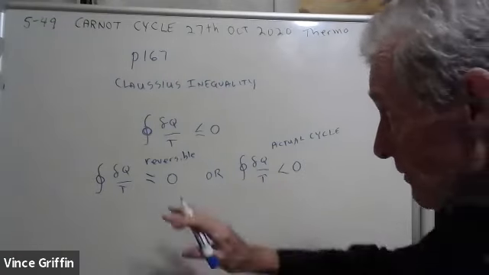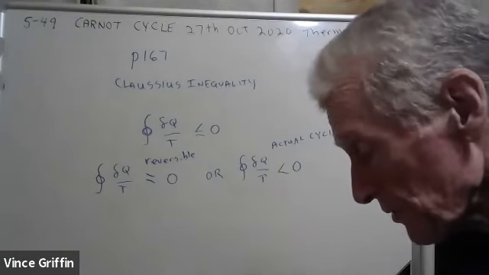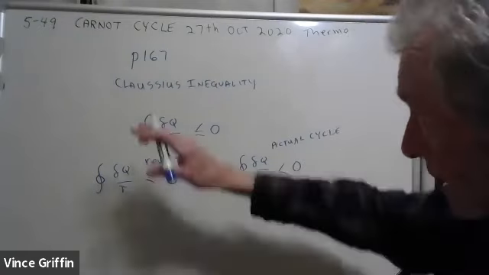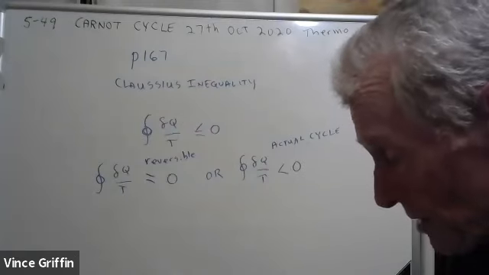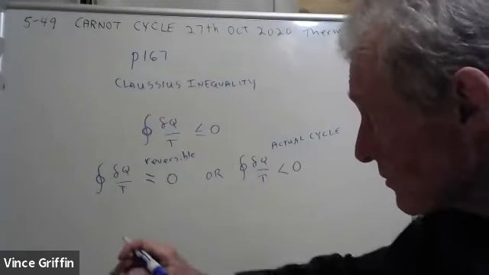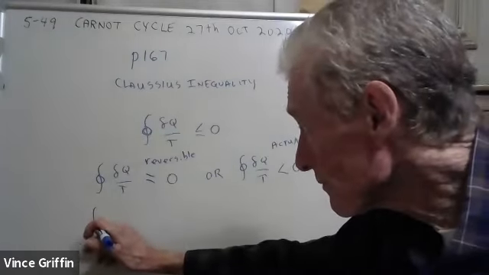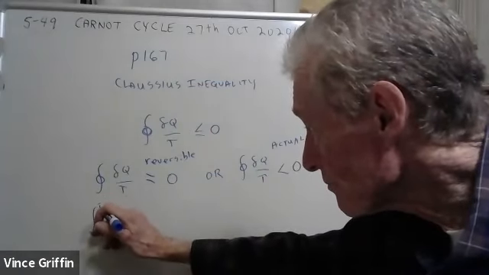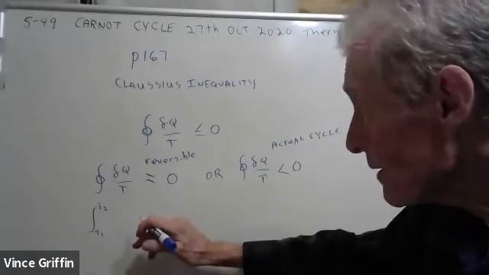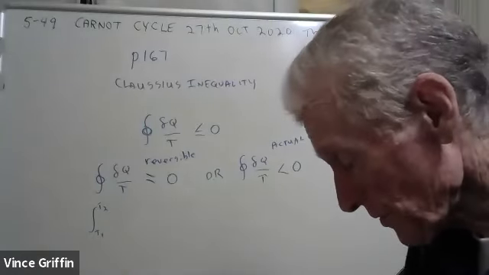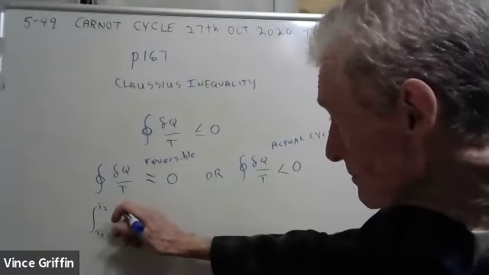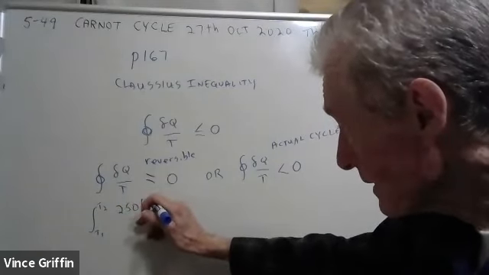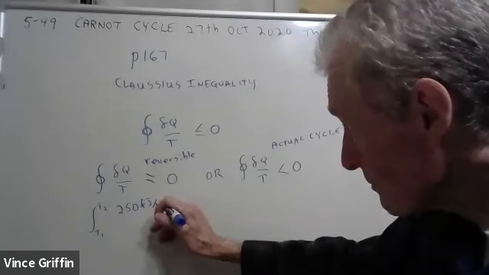Let me demonstrate that with the values from your Carnot cycle that I just had on the board. But remember, from 1 to 2, going from T1 to T2, we had a heat transfer of a positive 250 kilojoules per kilogram.